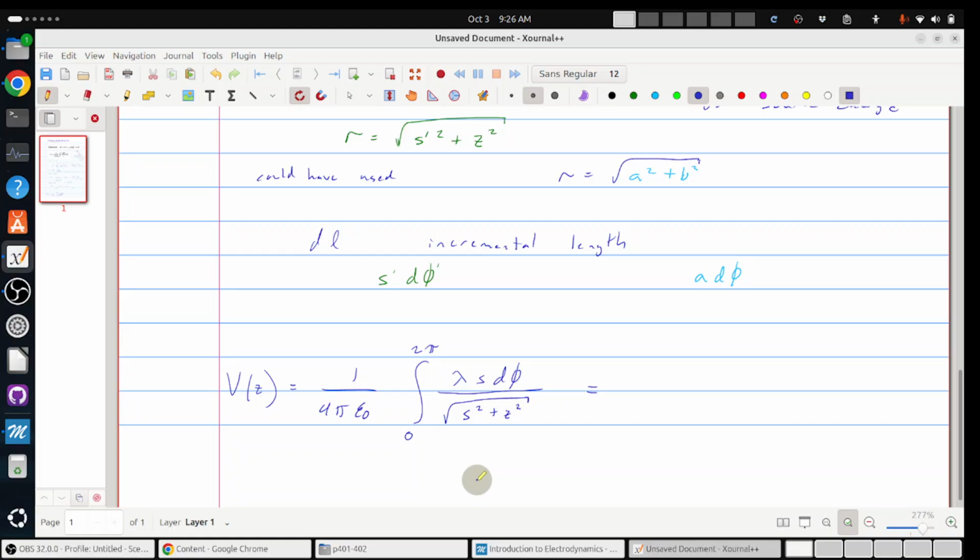And now we see where the beauty of cylindrical coordinates comes in. I'm integrating over d phi. Everything else can come out of the integral because none of those things are changing.